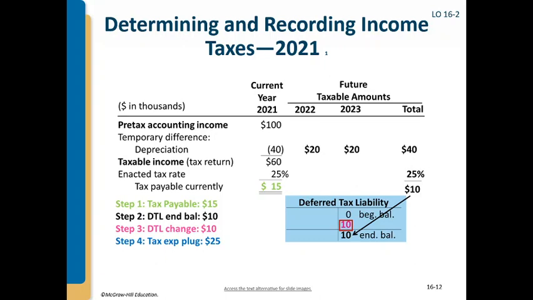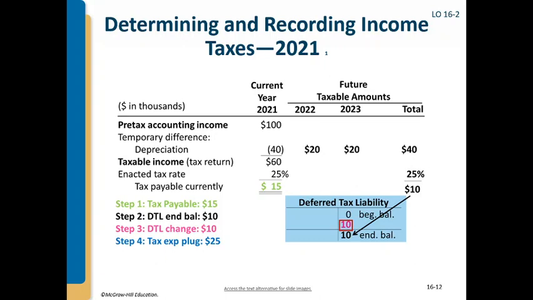So tax payable is a credit. The next step is you're going to figure out how much you need in the deferred tax liability account in this case. Well, you've got $40,000 that needs to catch up over the next two years.